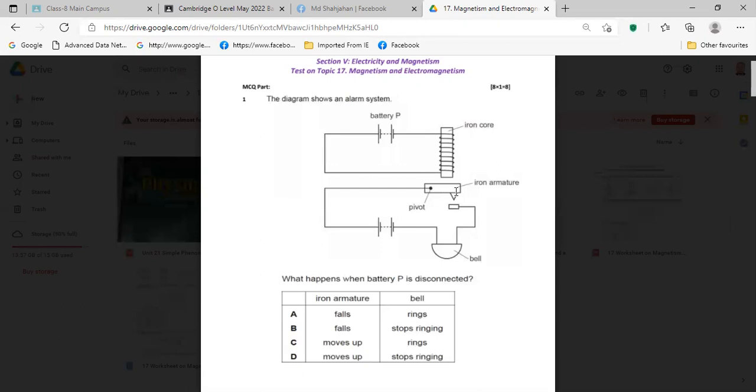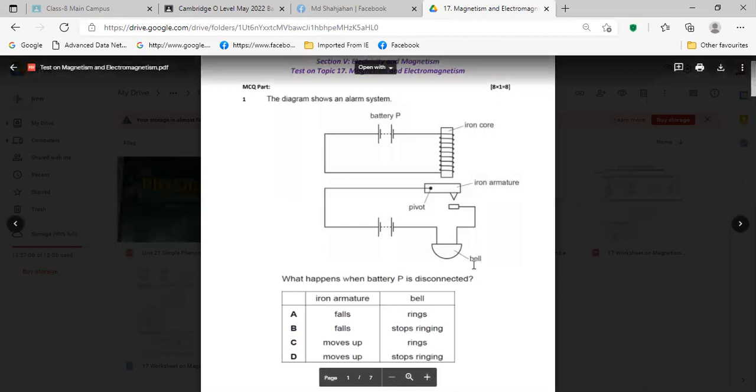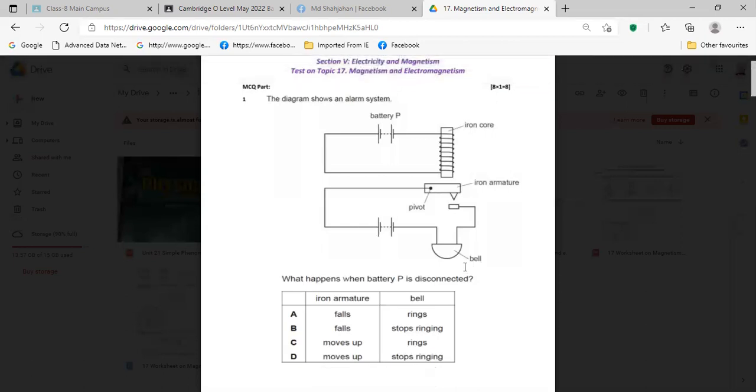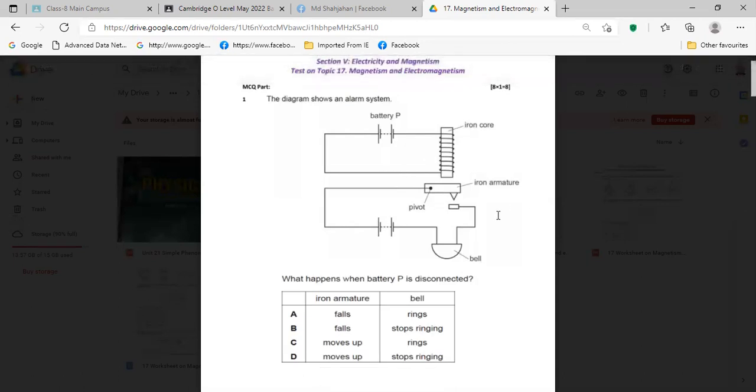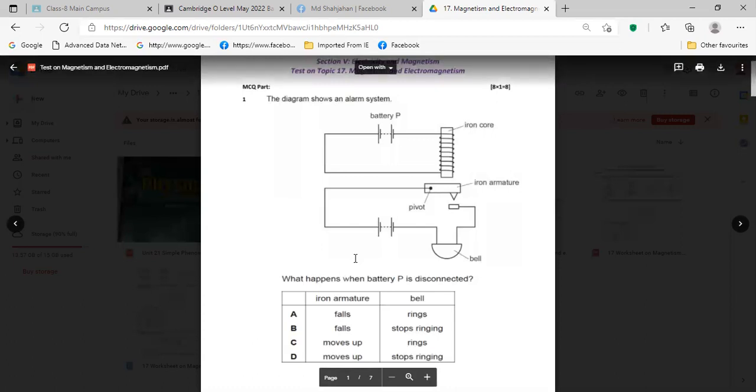So when the iron armature goes down, that time the lower circuit is on, and this bell rings. So this upper circuit is helping the lower circuit to be switched on or off, to get the bell rung or not. Is it clear? Yes, sir. That's why this arrangement is called a relay circuit.